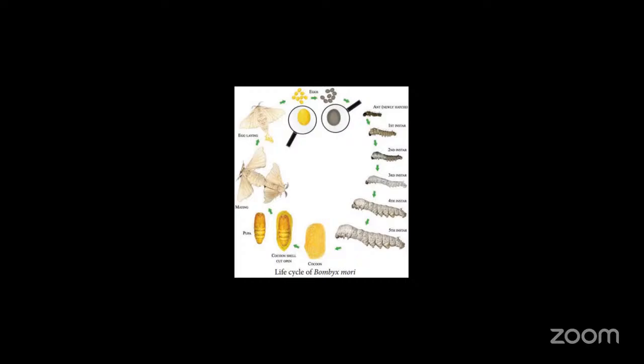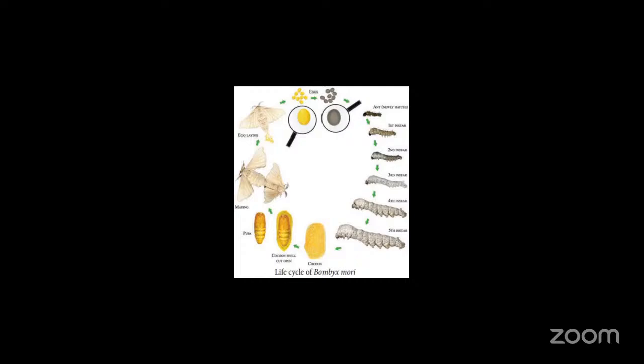It feeds upon Shorea robusta, Terminalia arjuna, Terminalia tomentosa. These are the plants on which this tussar silkworm feeds.